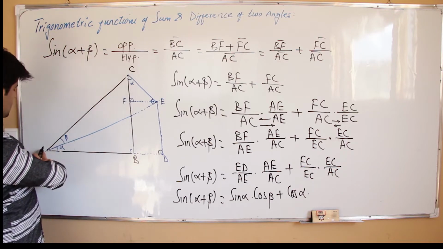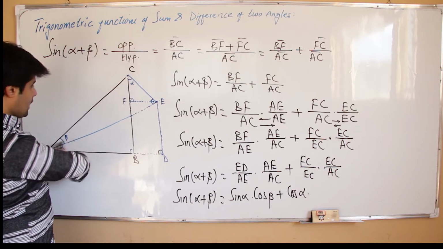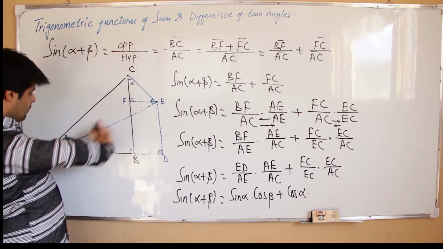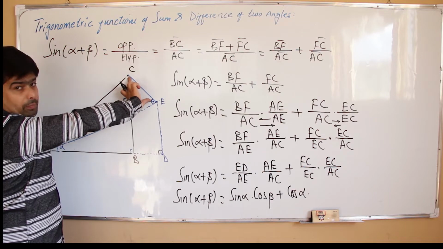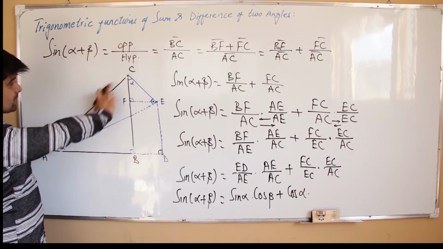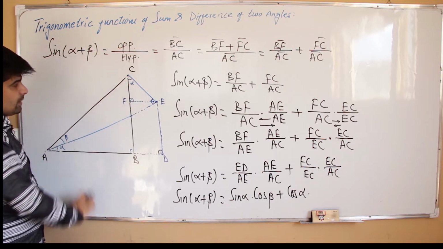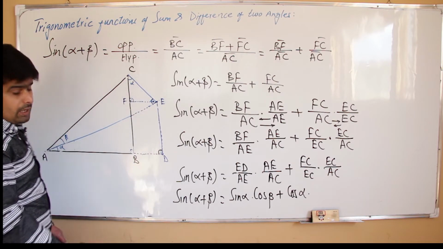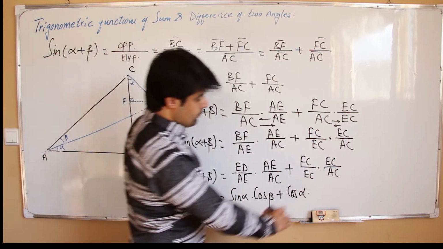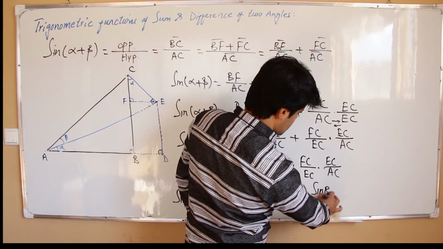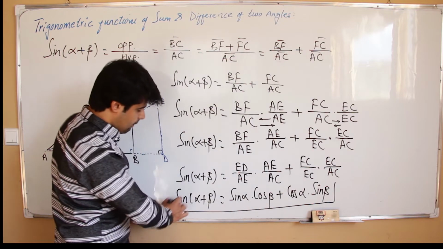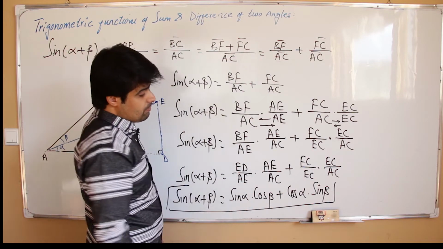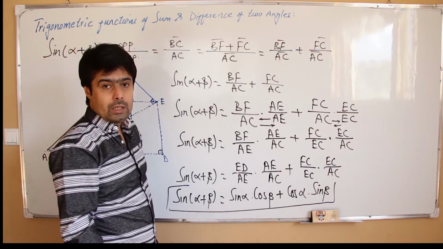In which triangle? ACE or AEC. In AEC, EC is for beta, opposite, and AC is hypotenuse. Opposite by hypotenuse, sine. Sine of beta. This is our formula: sine of alpha plus beta is sine alpha cosine beta plus cosine alpha sine beta.